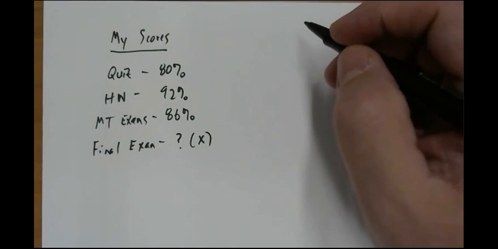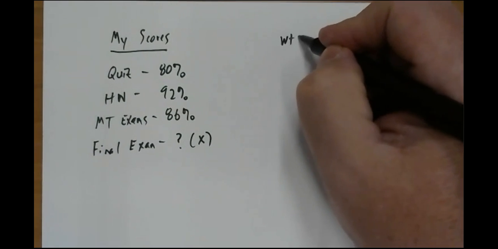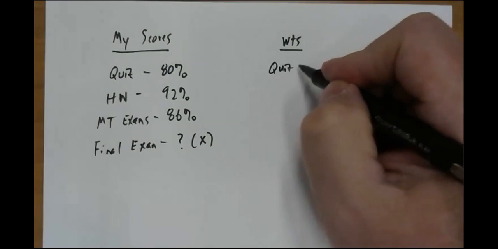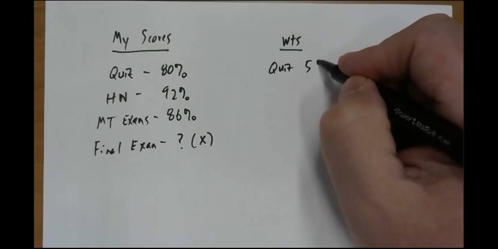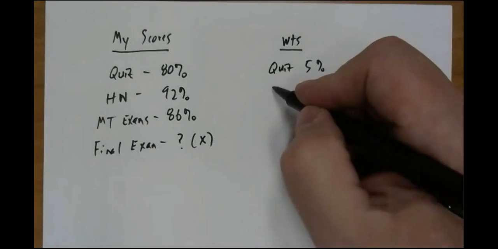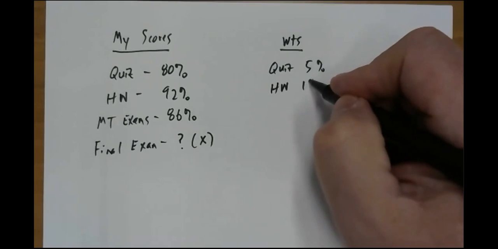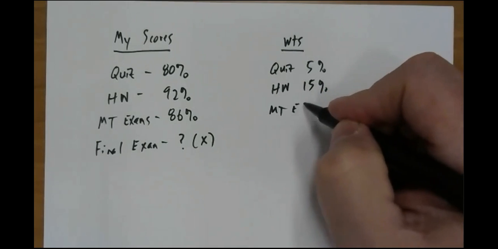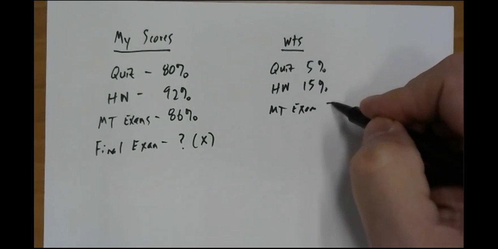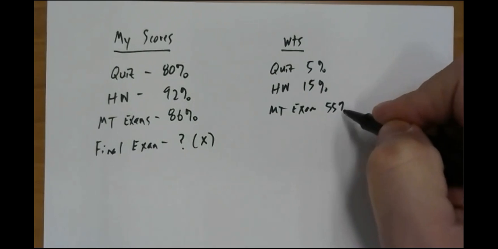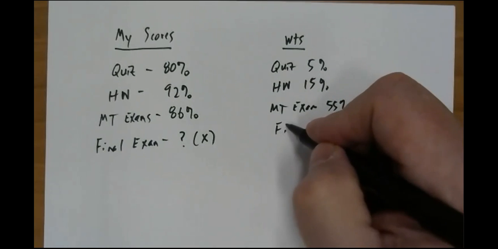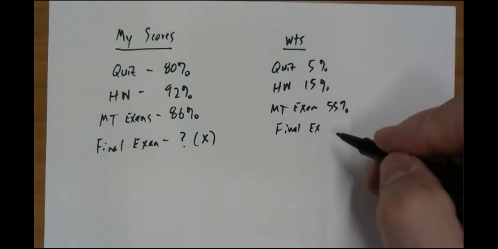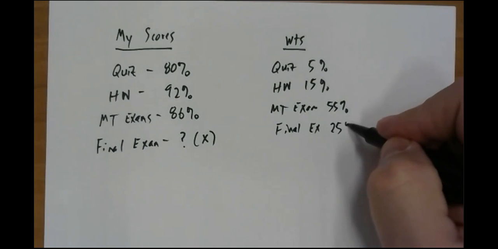So let me, just to make it clear, put the weights again. Quizzes for this class are worth 5% of your grade. The homework is 15% of the grade. Midterm exam is 55% of the grade. And the final exam is worth 25%.